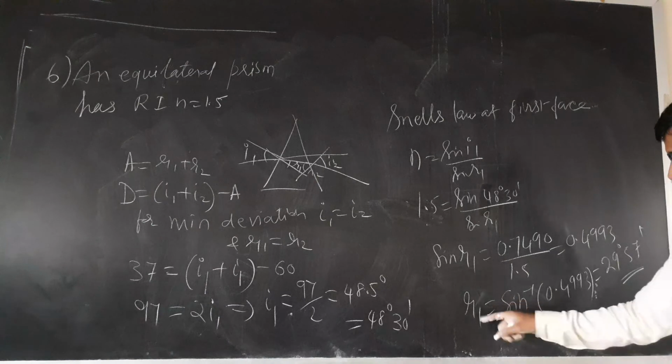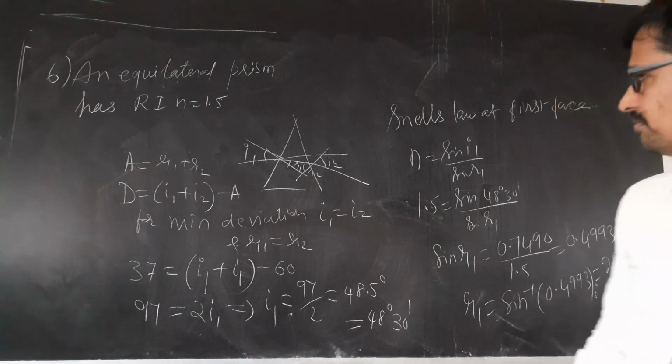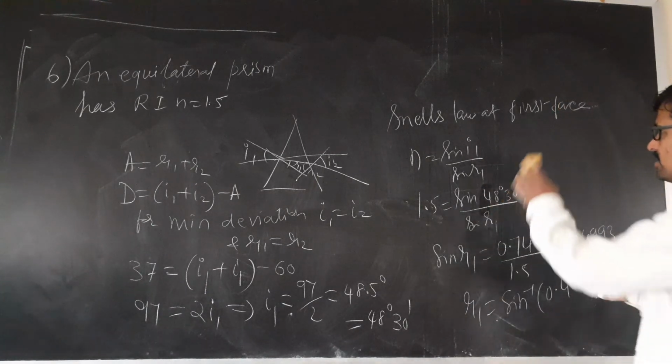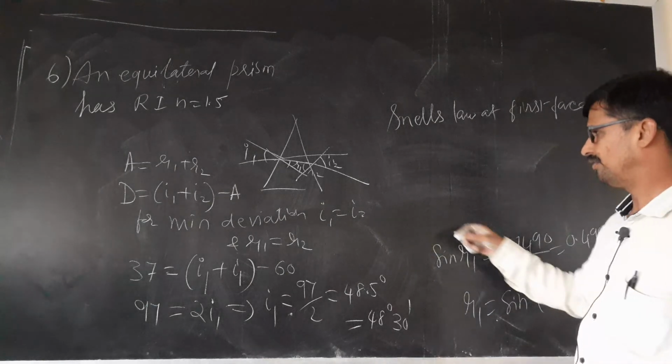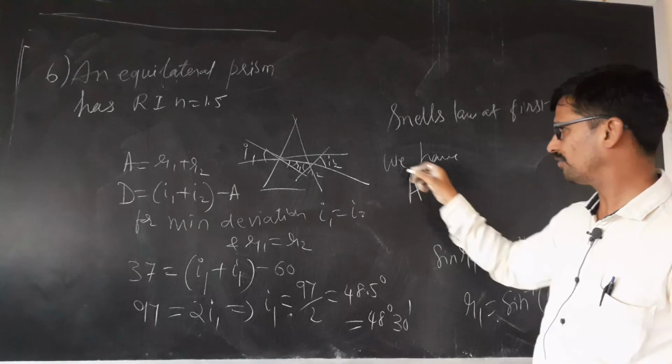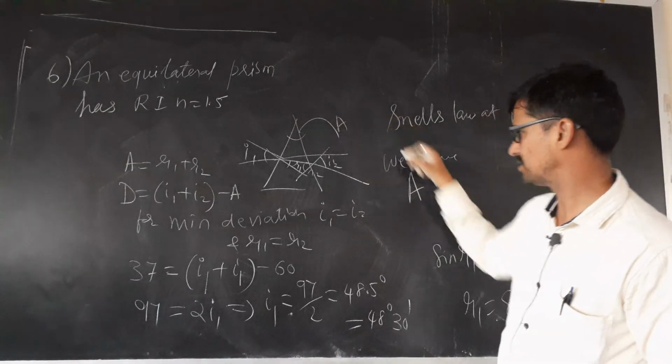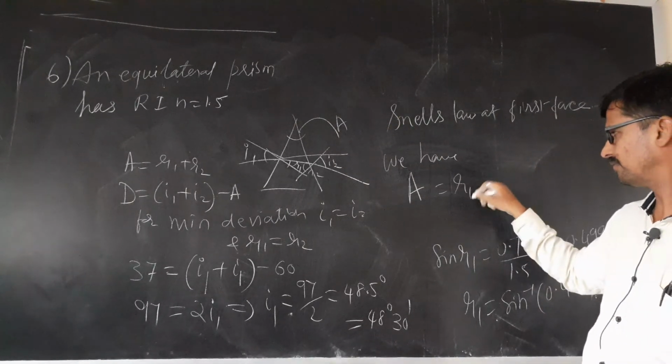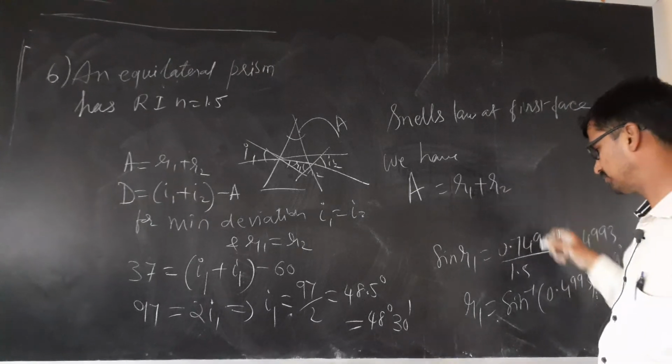What is the alternate way of finding R1? It is not so rigorous. We have the refracting angle of the prism. This angle of the prism is equal to the sum of the interior angles R1 and R2.